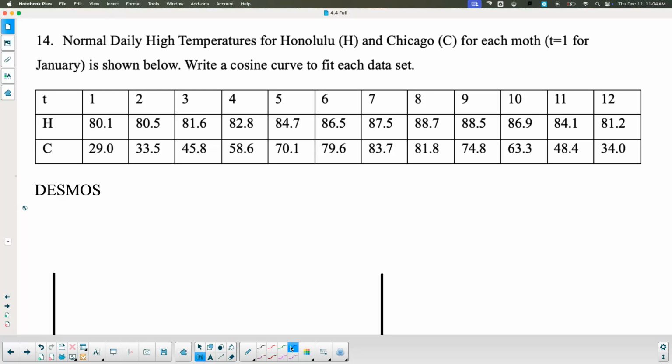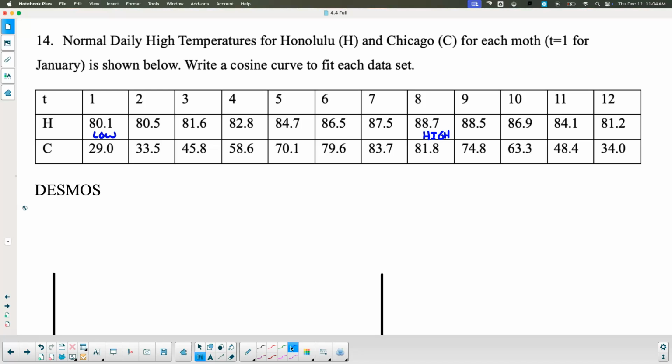I got 88.7. Low temperature of Honolulu, I got 80.1. So that would give me a spread there of 8.6.